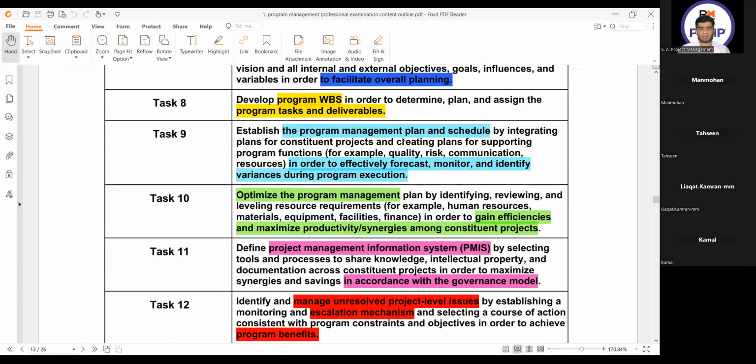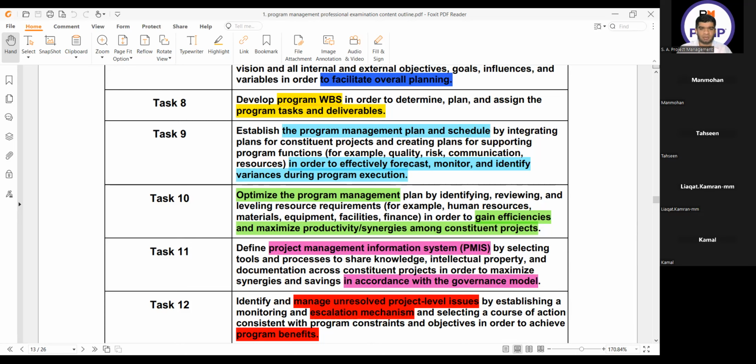Establish program management plan and schedule by integrating plans for constituent projects and creating plans for supporting program functions, for example quality, risk, communication, resources, in order to effectively forecast, monitor, and identify variance during program execution. So the program integration management plan is not a plan we make. We only make the program management plan, and it is made by integrating the constituent plans. So the correct answer.